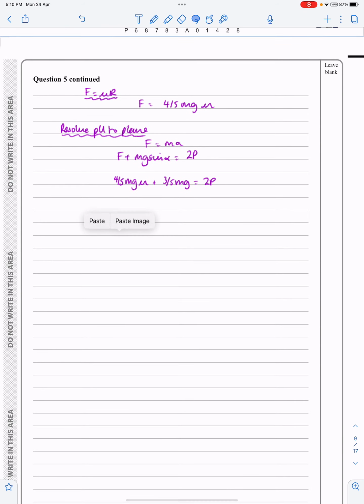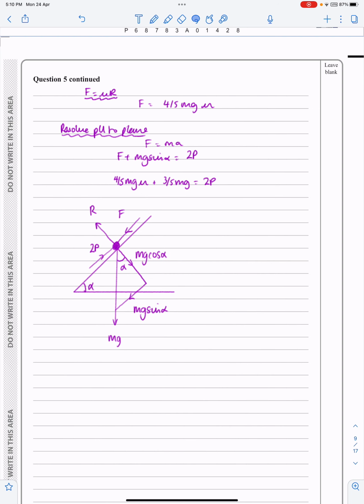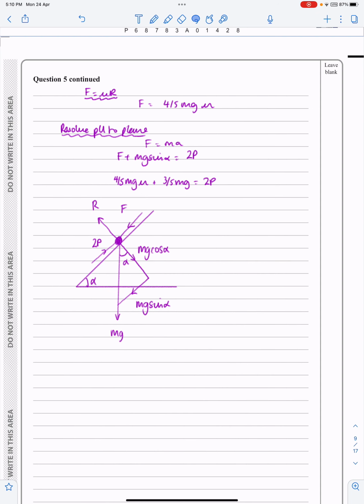We've got that situation again, but this time we've got a force of P there, and because it's going the other way, friction is going to be going up the plane. But everything else is the same, okay?